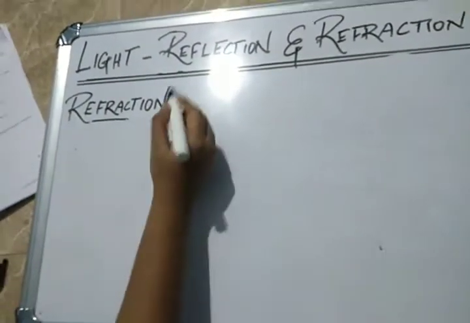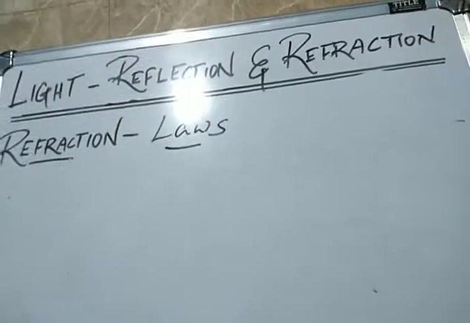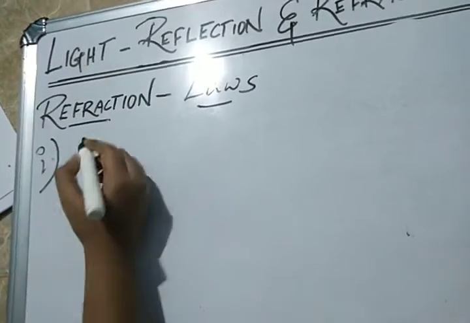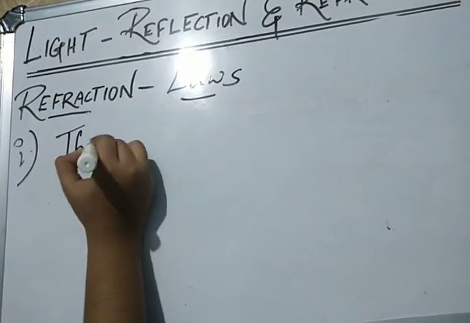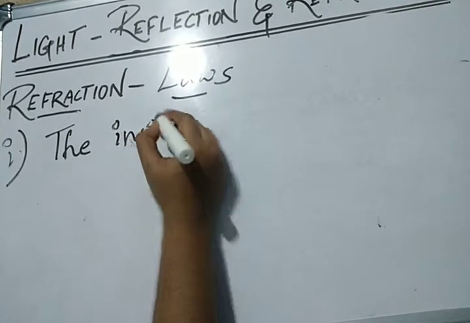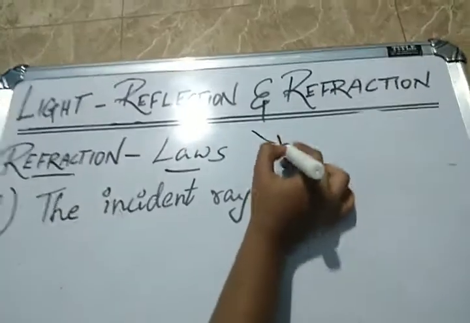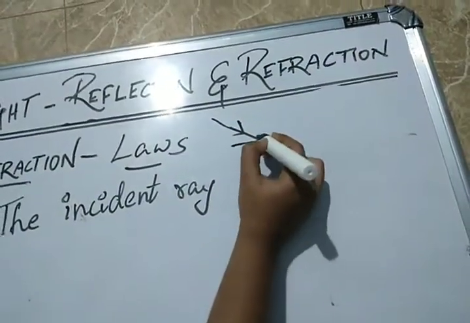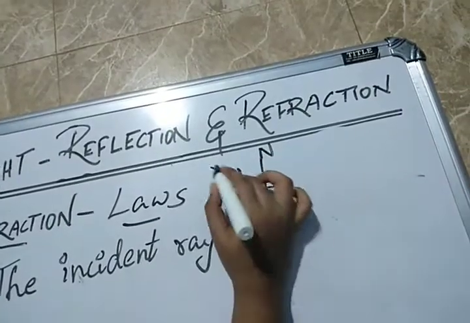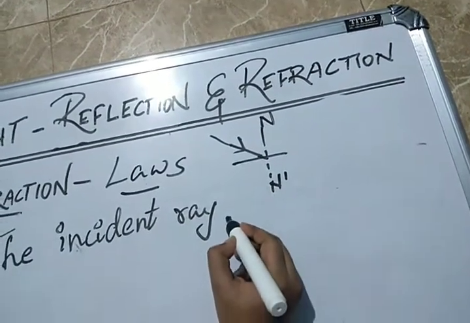Now the laws of refraction. There are two laws of refraction. First, the incident ray, the ray which is incident, which I showed you, N dash, this incident ray.